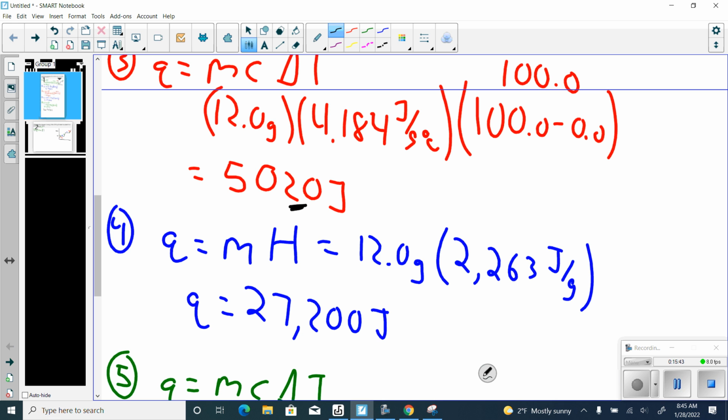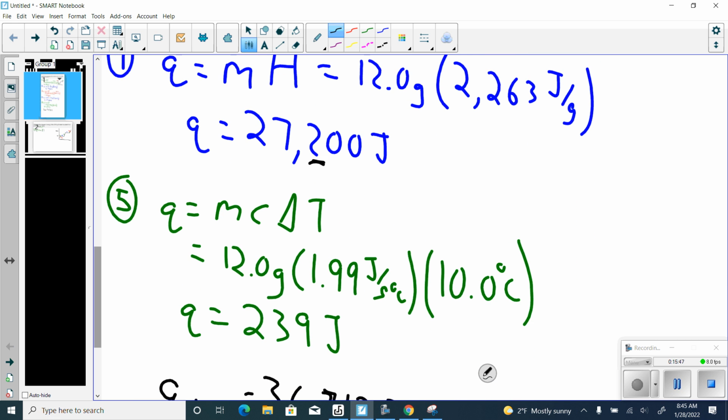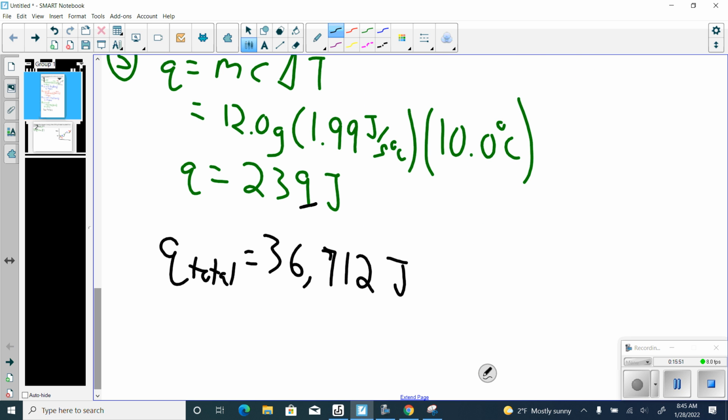This number went to the tens place. This number's last significant digit was the hundreds place. This one was the ones place. The last digit of significance that they all had in common was the hundreds place. So 36,700 joules is what we call this final answer.